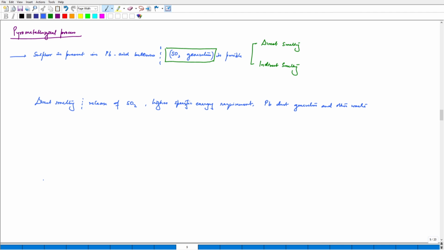We could also think of direct smelting as a way of giving us the finished lead and refined lead products. But that means we are also going to deal with the release of sulfur dioxide.